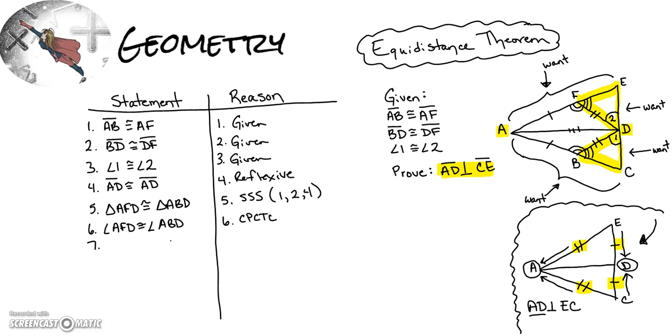Now, some of your teachers might make you write that AFE is congruent to ABC because all straight angles are congruent. Let's just do that just in case your teachers make you. Angle AFE is congruent to angle ABC, and that's because all straight angles are congruent.